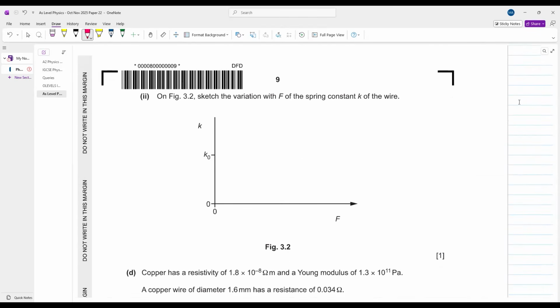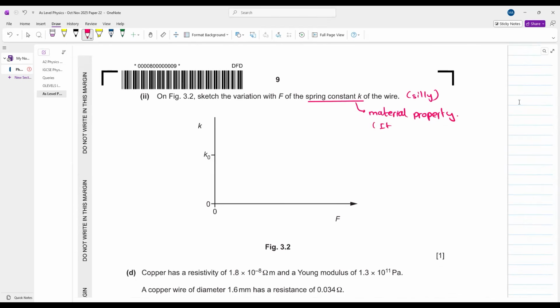On figure 3.2, sketch the graph with F of the spring constant K of the wire. What a simple, silly question. Always remember the spring constant of the wire is a material property. Sir, what do you mean by that?